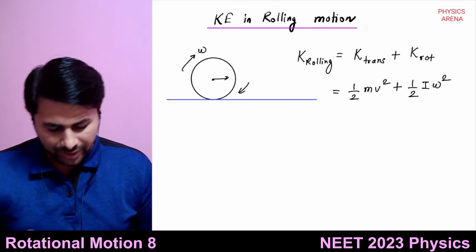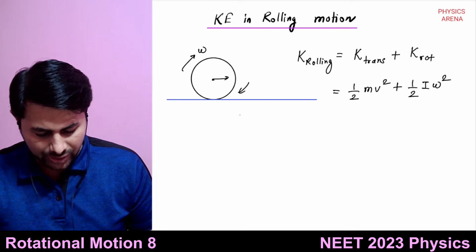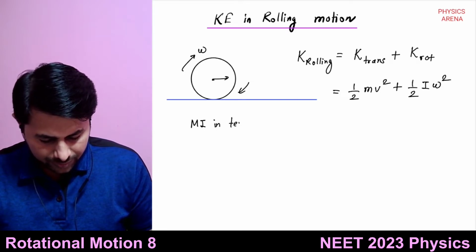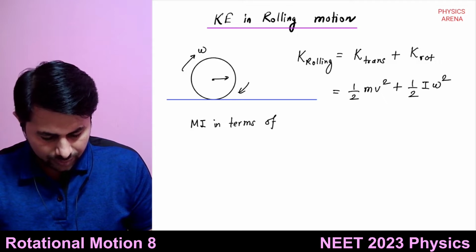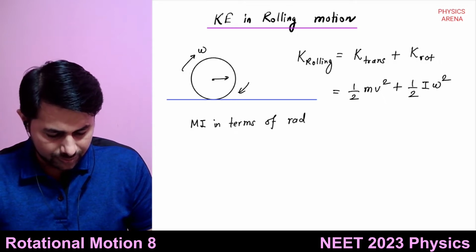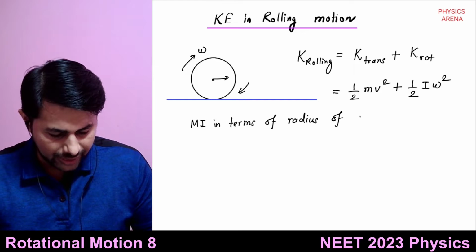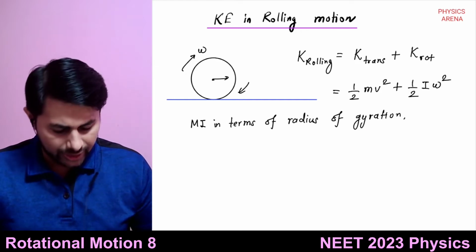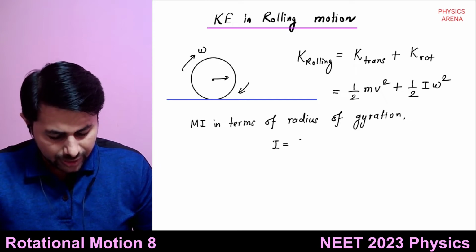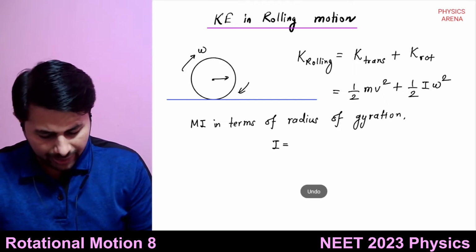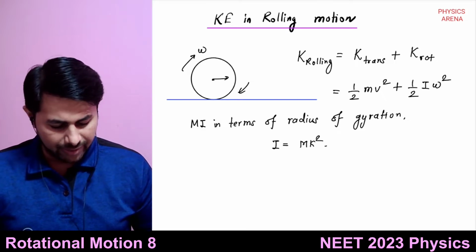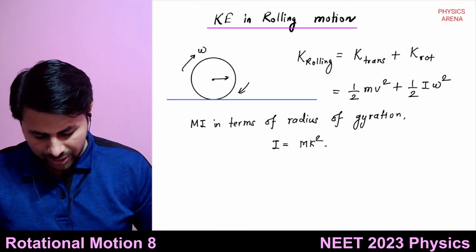So in terms of radius of gyration, what is the moment of inertia? The moment of inertia of a body in terms of radius of gyration is M k square, right? Oh, I wrote one small m, one capital M.